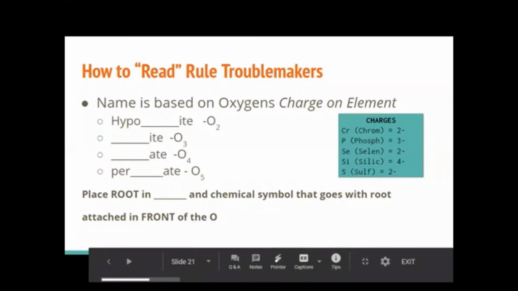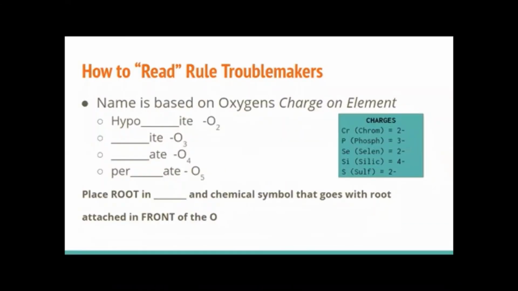Okay, if you're wondering how to read the rule breakers, these are the ones with a bunch of different charges. This is your chromate, your phosphate, your selenate, your silicate, and your sulfate. The name is based on the oxygens, but the charge is on the element. So hypo blank ite has 2 oxygens. Blank ite has 3 oxygens. Blank ate has 4 oxygens, and per blank ate has 5 oxygens.